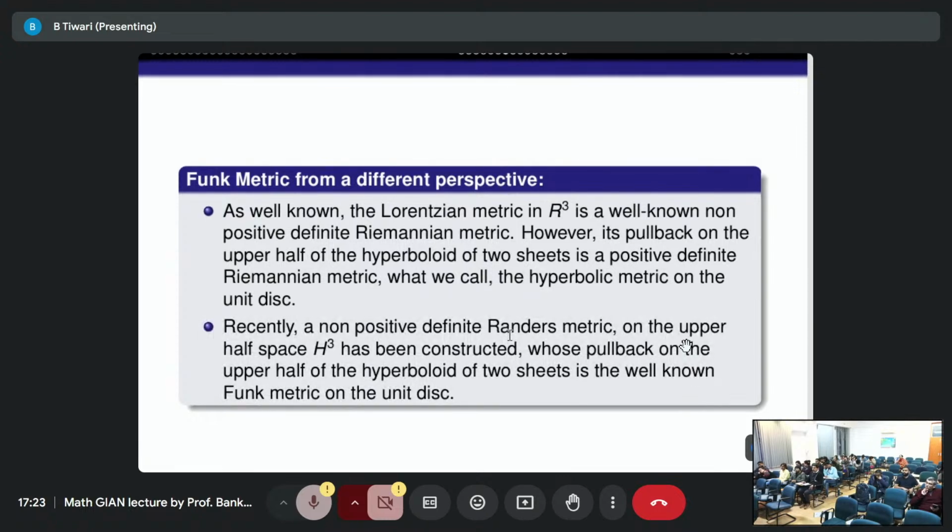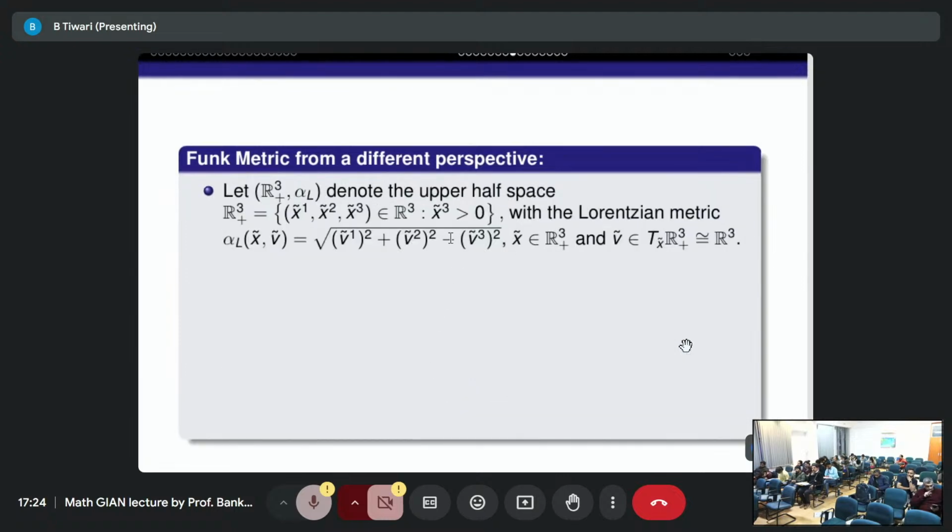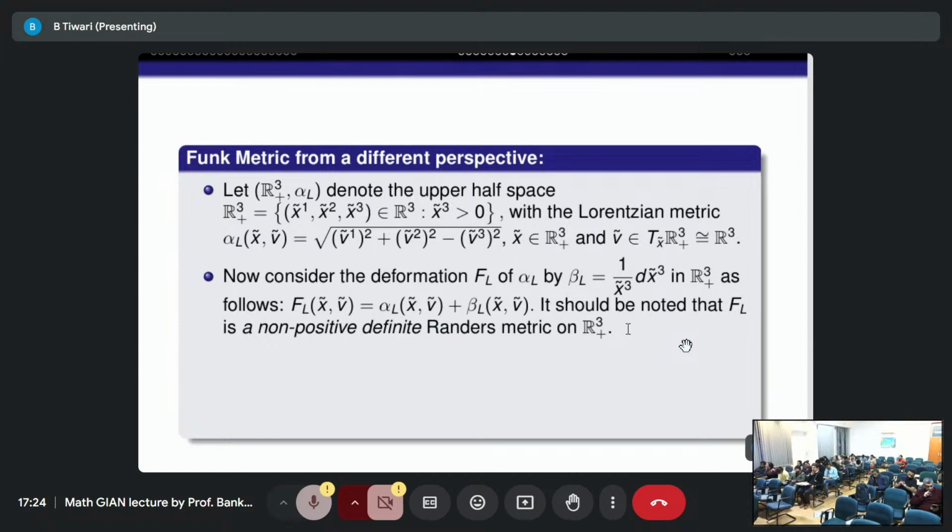So in a similar way, you can also construct a non-positive definite Randers metric on upper half space whose pullback on the hyperboloid of two sheets is exactly the Funk metric in the unit disk. And that was recently pointed out, in a paper that appeared last year.